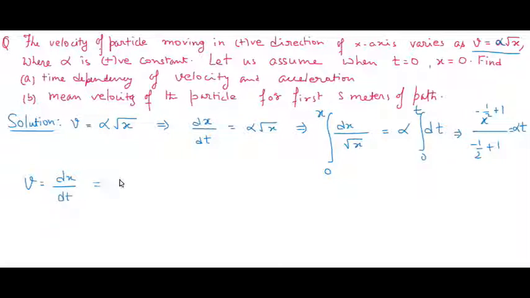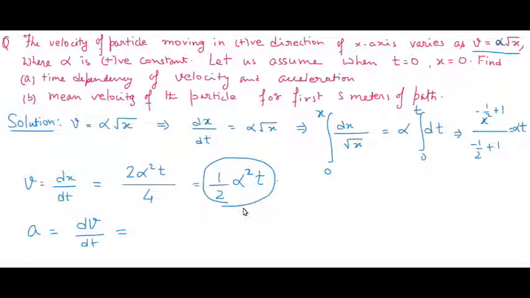Now, velocity we can write v is equal to dx by dt, and dx by dt we can write as 2 alpha square t upon 4. So you can put it as half alpha square t. So acceleration can be written as dv by dt. After integration, this is the value of v here.